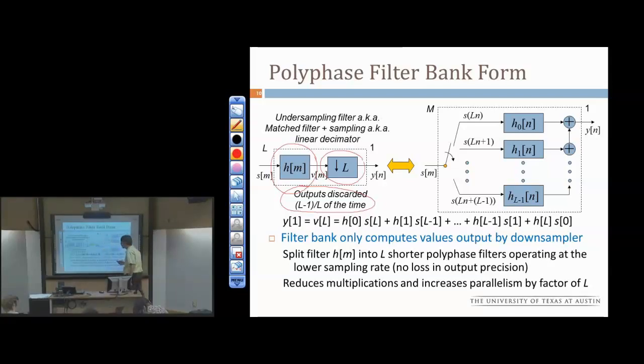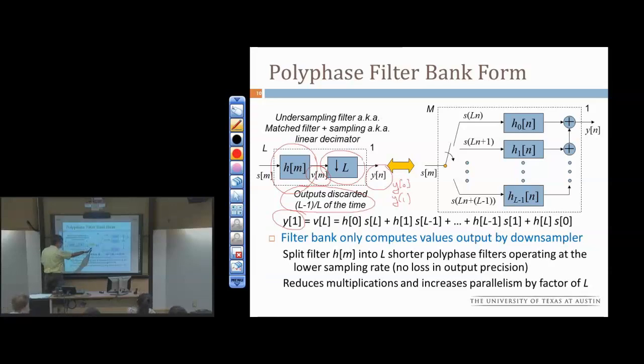You can see it by working it out. Here's y. If I look at y of 0, y of 1, and backtrack from y of 1, the value that I need is the Lth value coming out of v, because for every block of L samples, I keep the first one and throw out the rest.